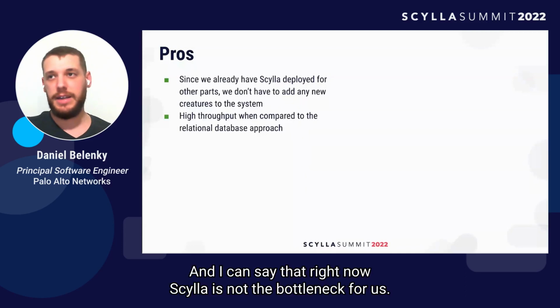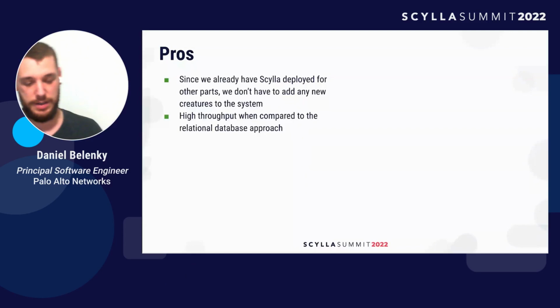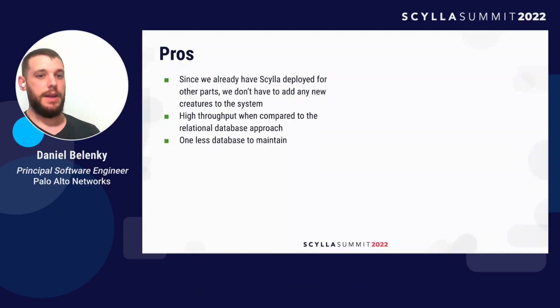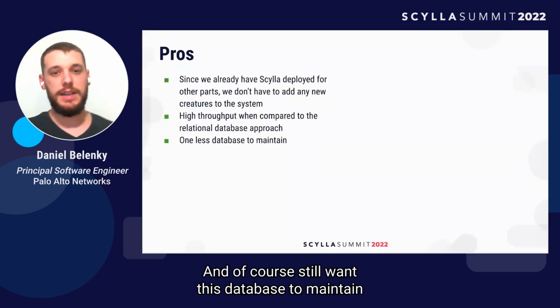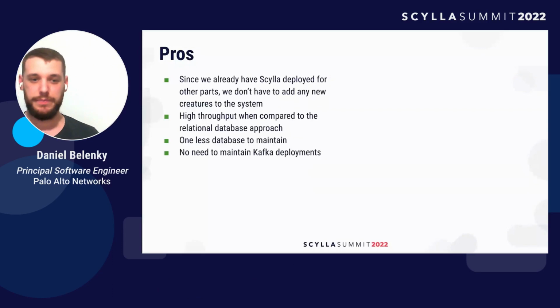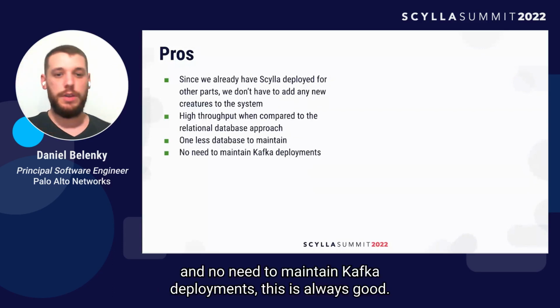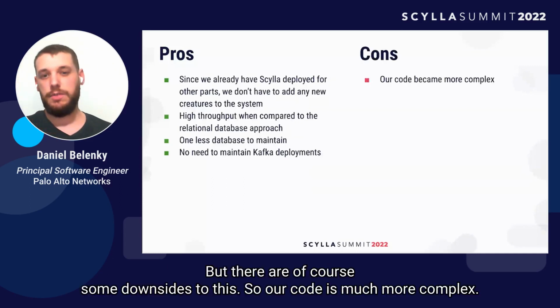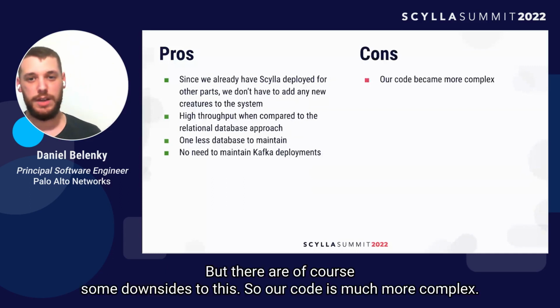And I can say that right now, Scylla is not the bottleneck for us. Our bottleneck is the disks right now. And of course, still one less database to maintain because we were able to get rid of the relational database that we had. And no need to maintain Kafka deployments. This is always good.